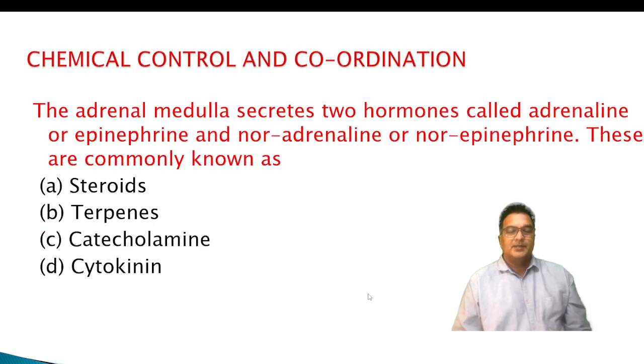Adrenal medulla secretes two hormones called adrenaline or epinephrine, and noradrenaline or norepinephrine. These are commonly known as steroids, terpenes, catecholamines, cytokinin. So, adrenaline, epinephrine, noradrenaline, norepinephrine are commonly called catecholamines.